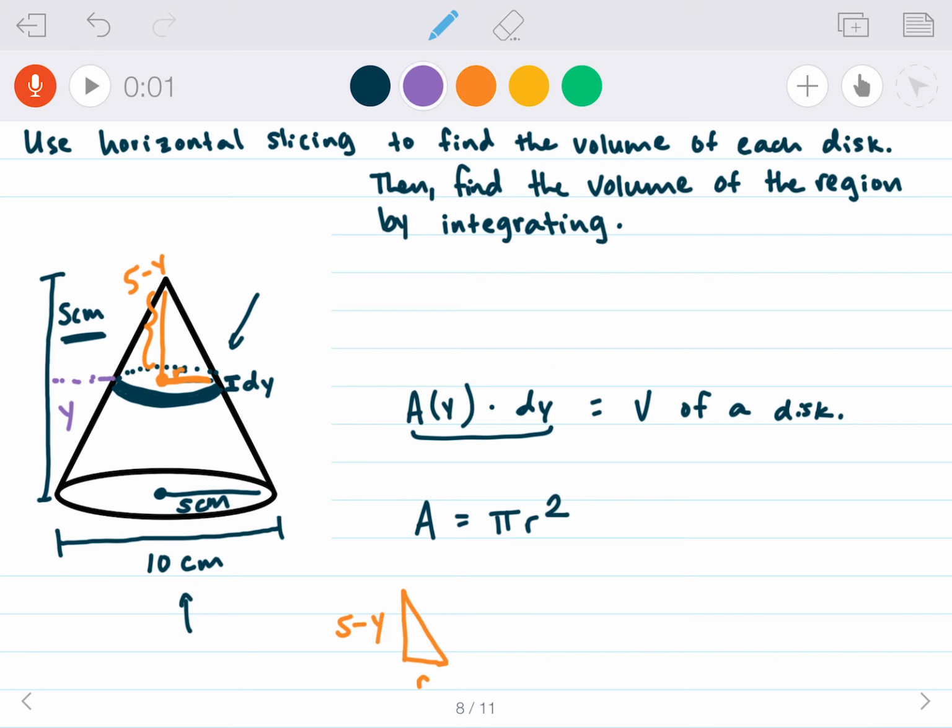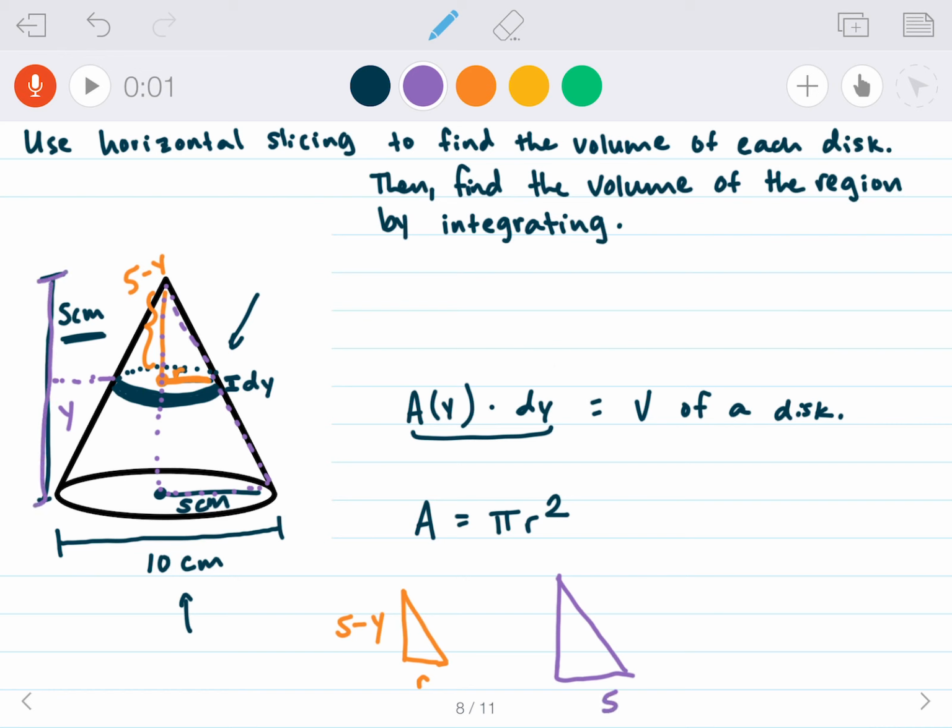And then we want to look at the bigger triangle. This purple triangle is going to have a base of 5, and we can see that the height of that bigger triangle is also going to be 5 centimeters.